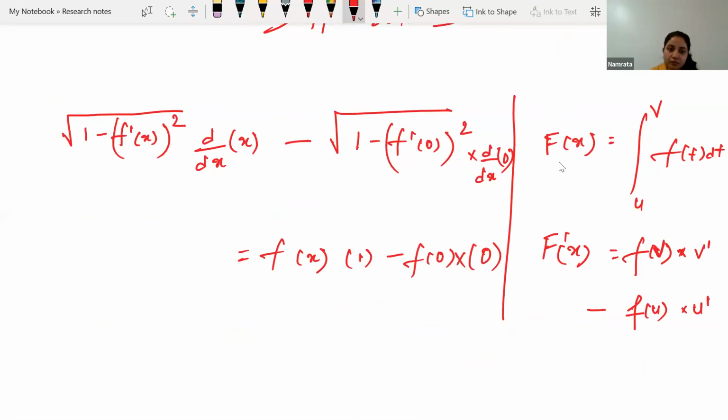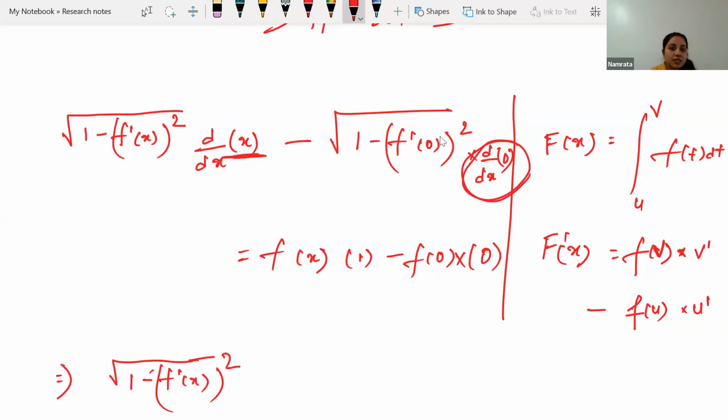So on the left hand side we are getting square root of 1 minus (f dash x) squared, since the derivative of x is 1 and the derivative of 0 is 0, which makes the other part completely 0. On the right hand side we have f of x only.